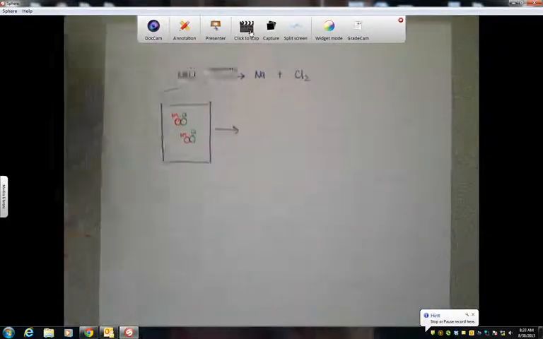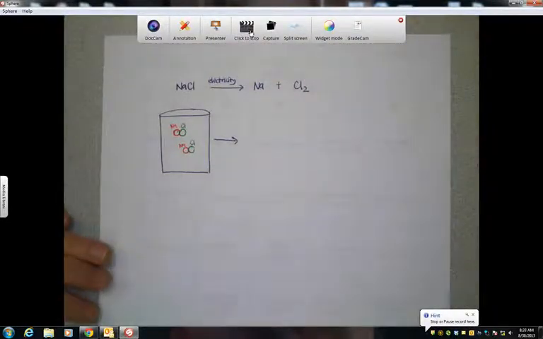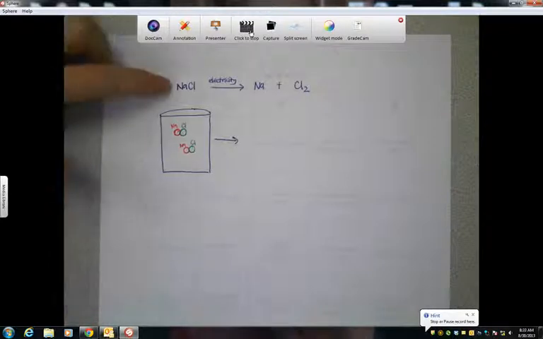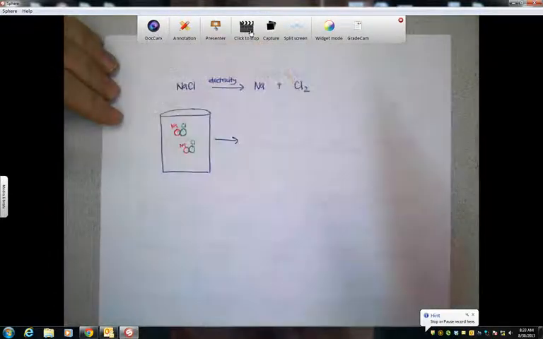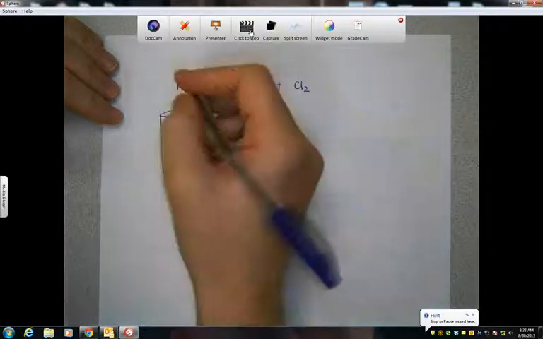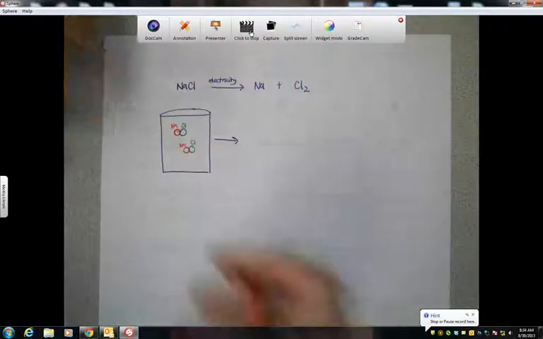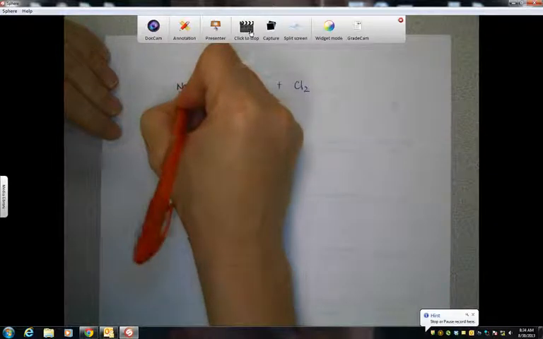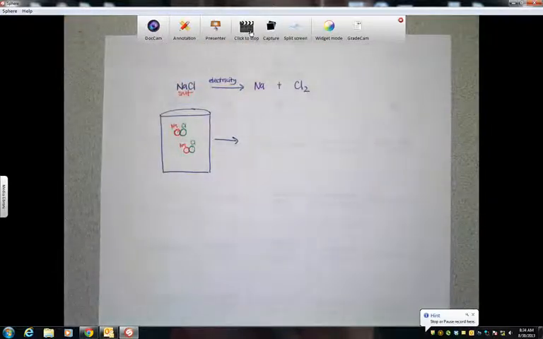So here I have an equation that's showing you what's happening. Sodium chloride, for those of you that maybe don't remember what sodium chloride is, is salt. Table salt, like the salt that you eat.